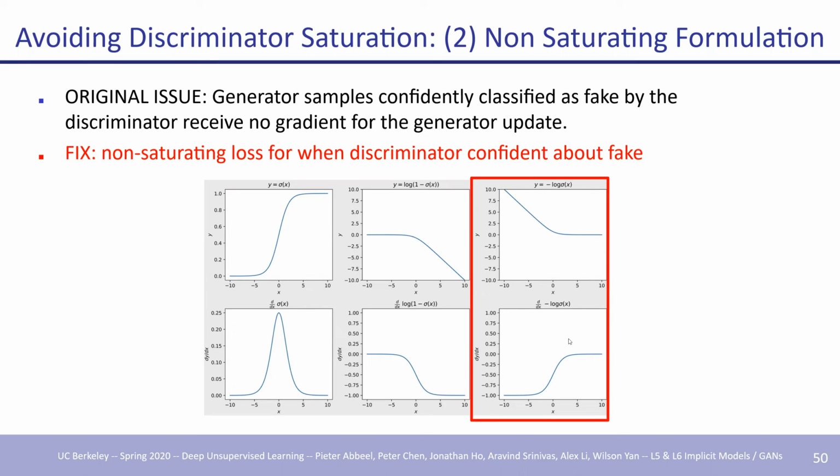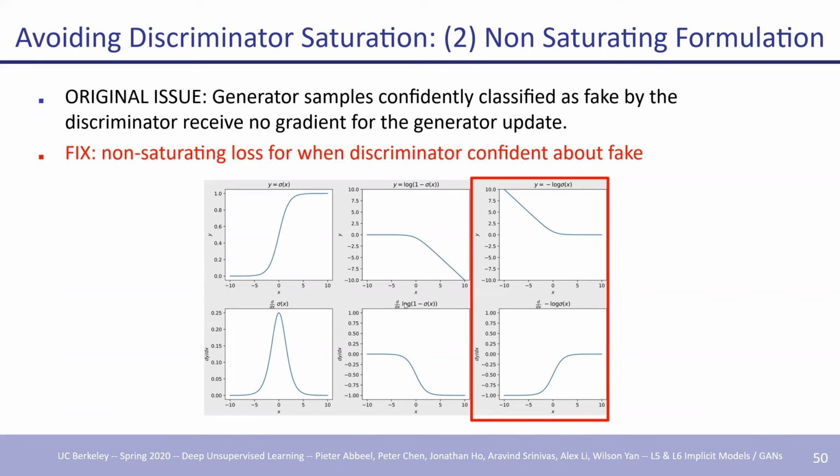In the first case we are not getting any gradient when the discriminator is confident that the generated image is fake, right? So the first case, when we play the zero-sum game, the generator objective includes this log 1 minus discriminator of generator.